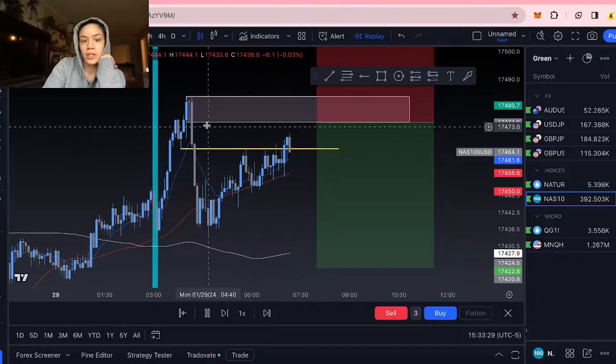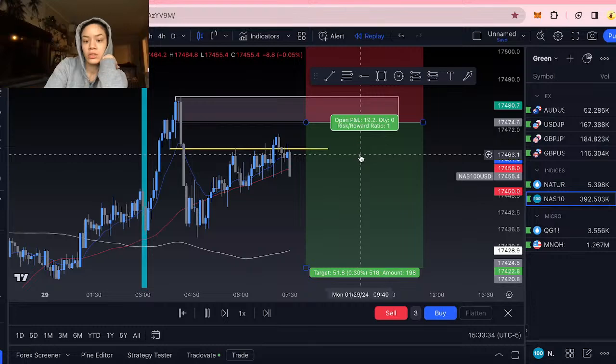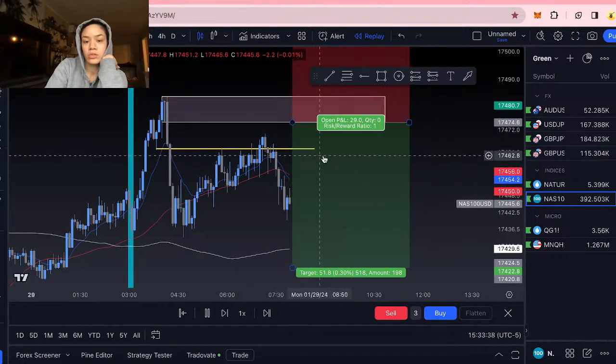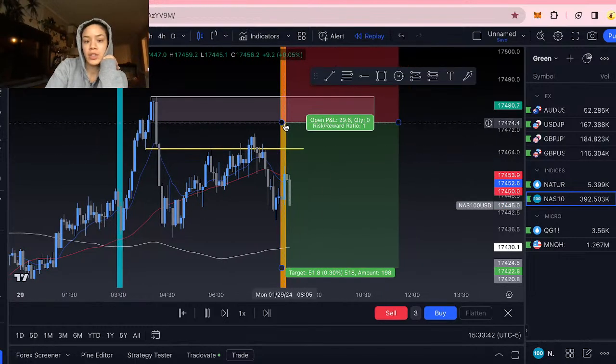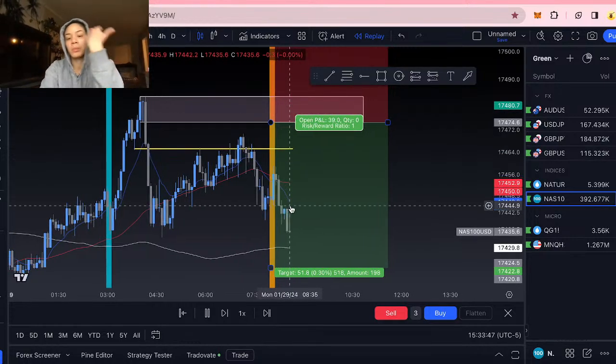But I know that it still needs to come up into this demand zone, so around this 9:30-ish. But I have this green starting here because I knew that it was going to come up to the demand zone. I just needed to be patient.